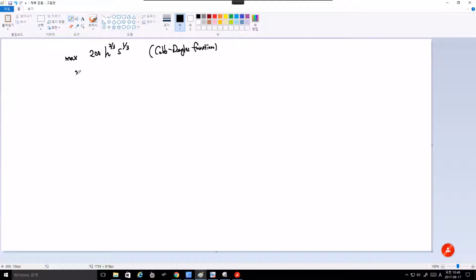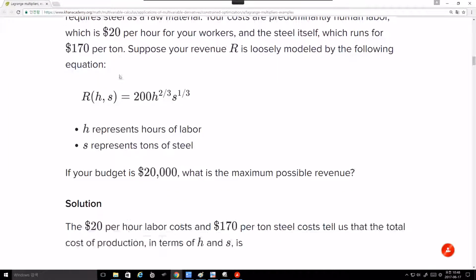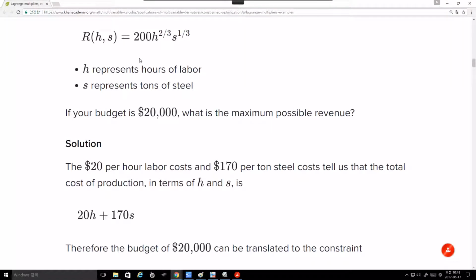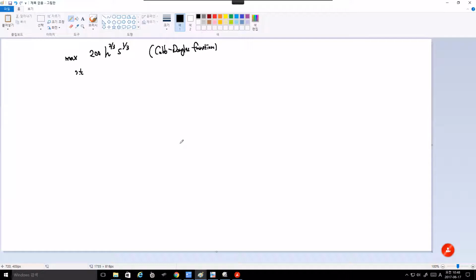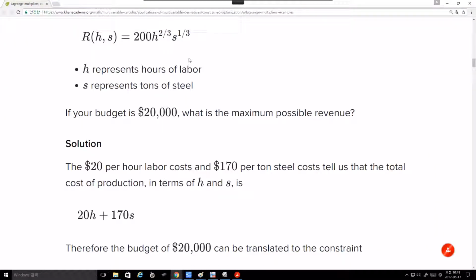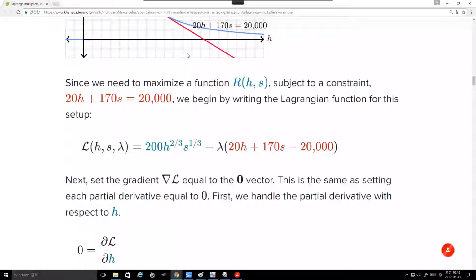And then subject to the budget constraint, the money you can spend is this: $20 per hour is the cost of labor, plus the cost of the steel is 170 per unit S, and this should be $20,000. So again, in order to solve this, we set up the Lagrangian like this.